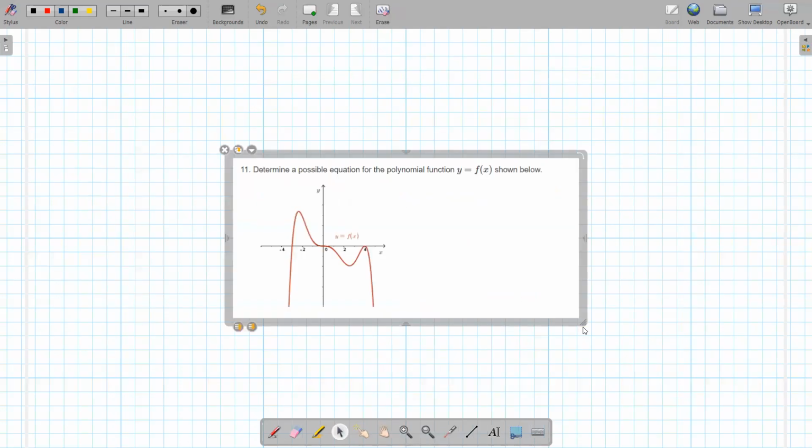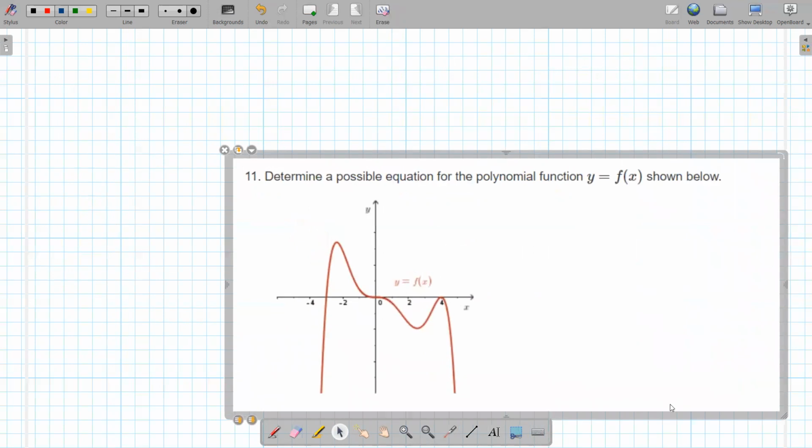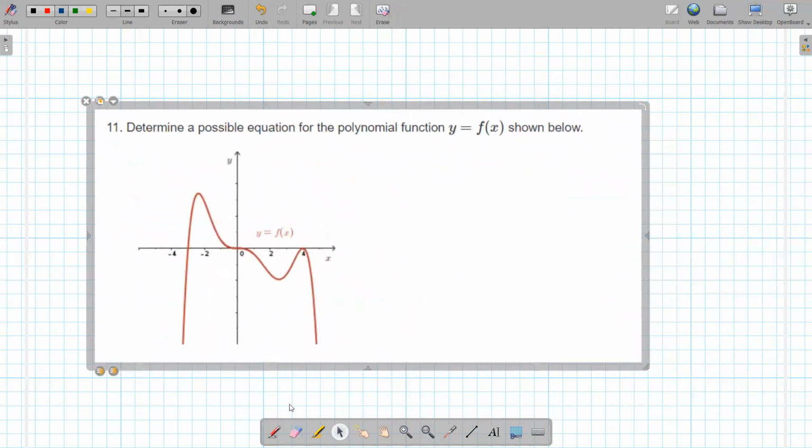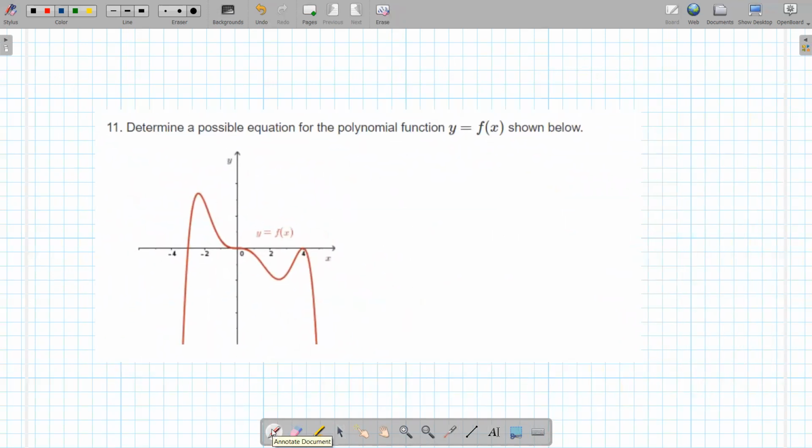It says determine a... actually, I'm going to spice this up a little bit. I'm going to say that point is -3 and +3. I'm going to give you a point as well. We're just making this question a little bit harder. What is a possible equation for this graph?